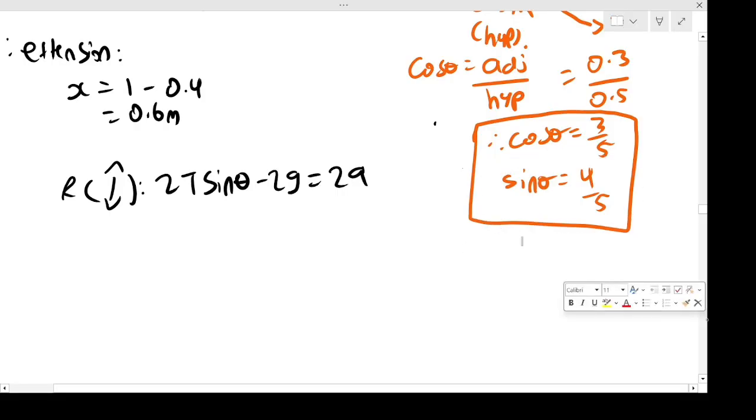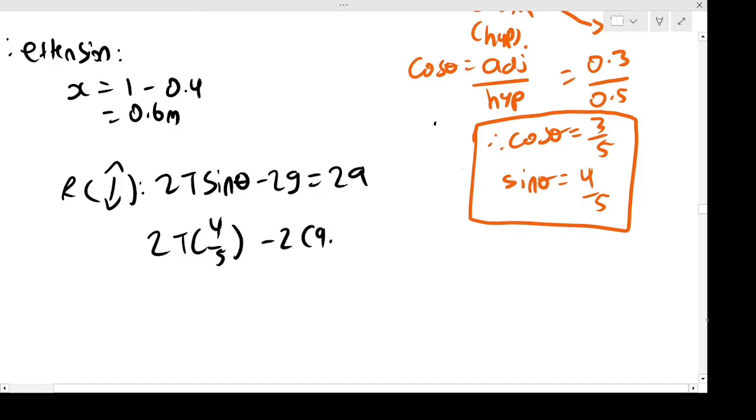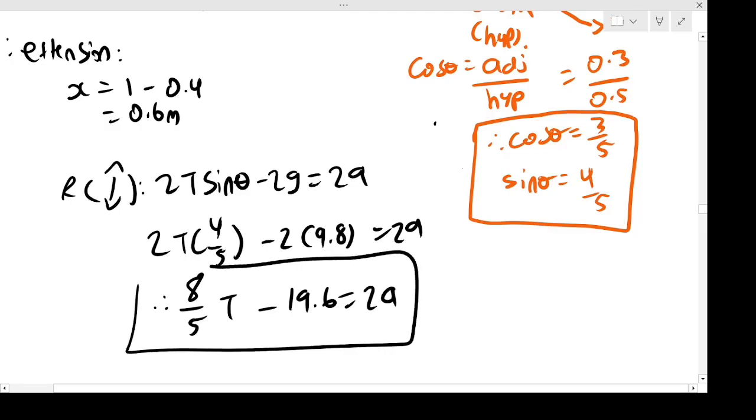That's 4/5, so it's going to be 2T lots of 4/5, take away 2 lots of 9.8 to equal 2a. Therefore, 2 times 4/5 is 8/5 lots of T, take away 19.6 equals 2a.